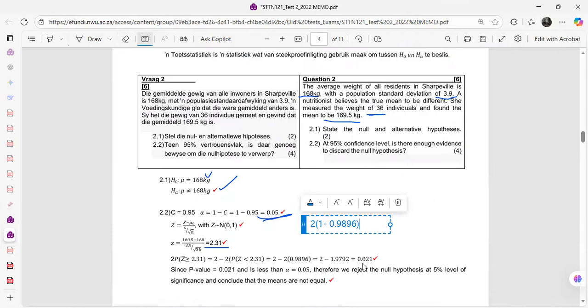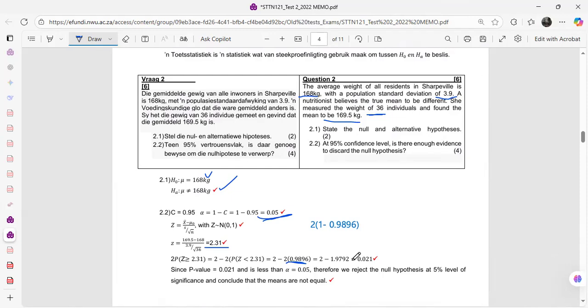Let me check something here. 0.9896, our probability, yes.